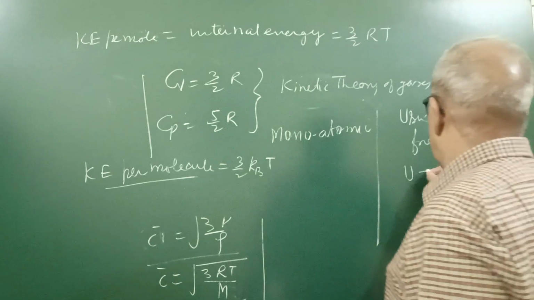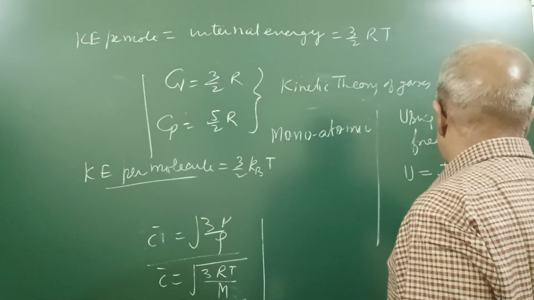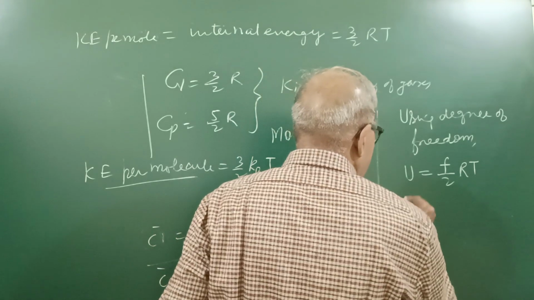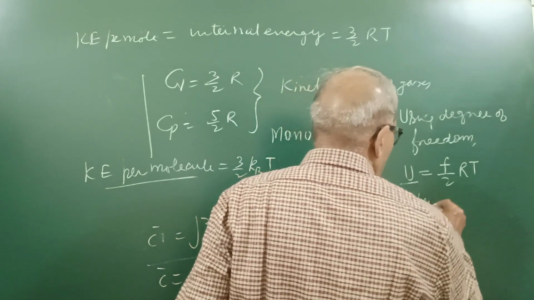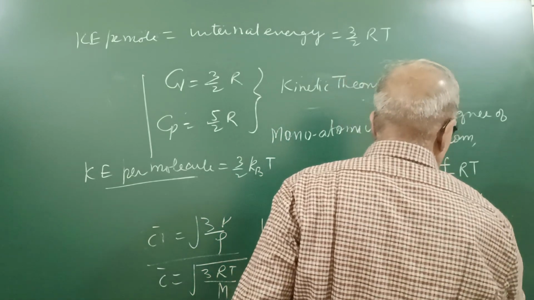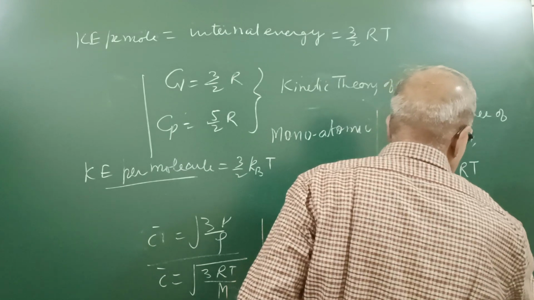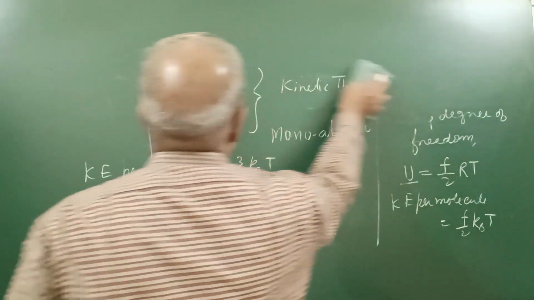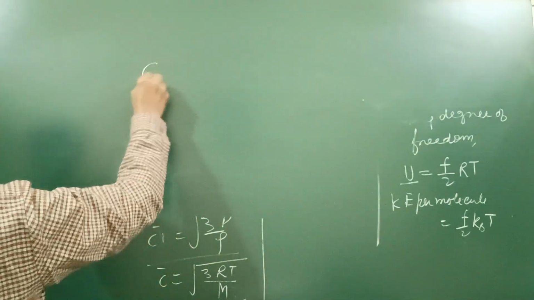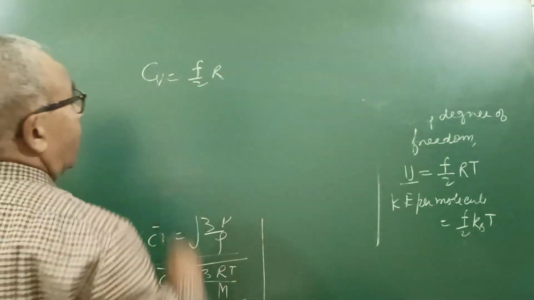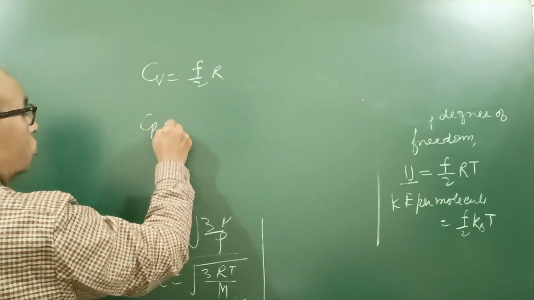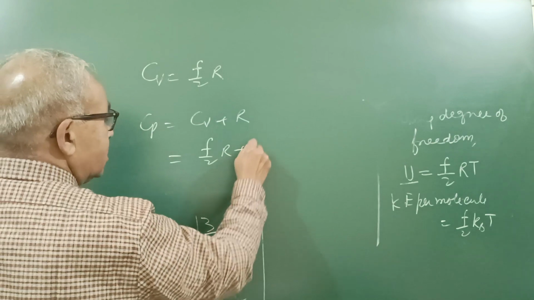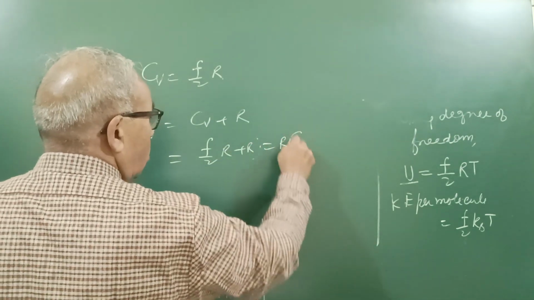Using degree of freedom, the energy was written as F by 2 RT per mole, and therefore kinetic energy per molecule is equal to F by 2 kBT. We also determined that CV equals F by 2 R, where F is the degree of freedom, and Cp equal to Cv plus R. So it will be F by 2 R plus R, or R into (F by 2 plus 1).